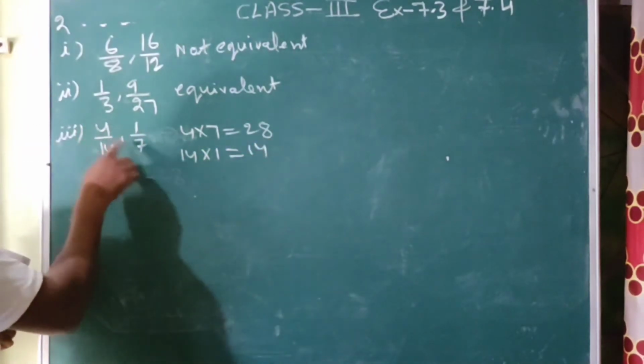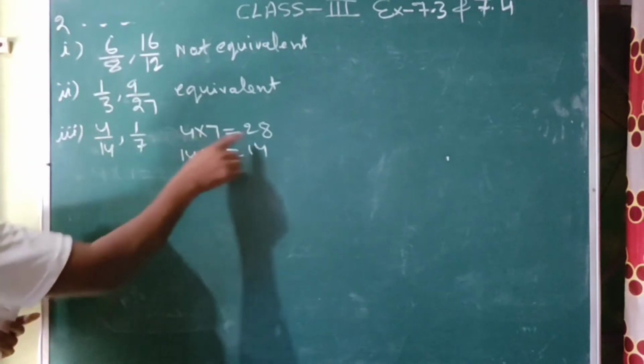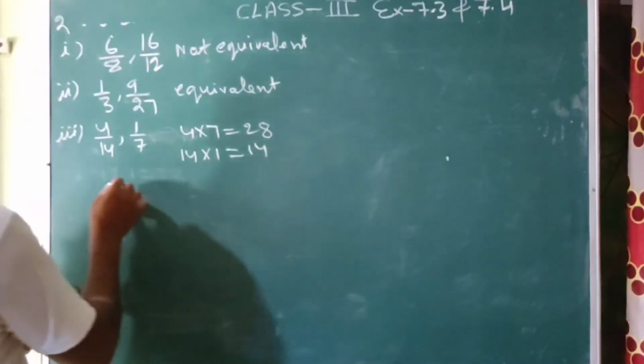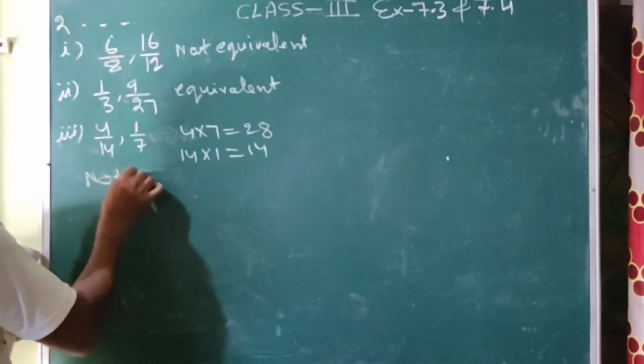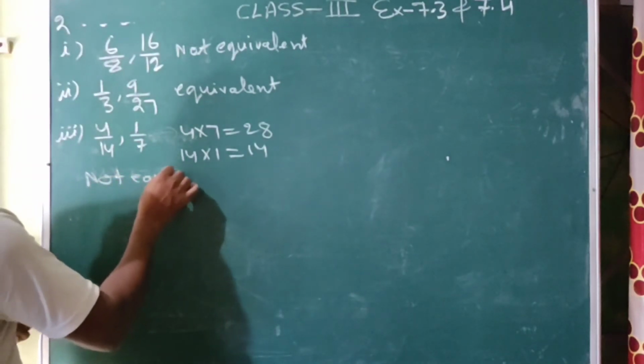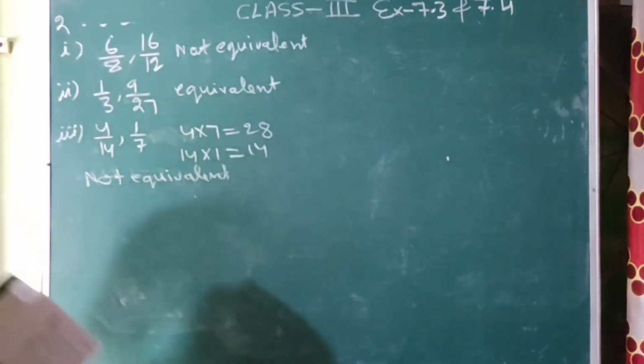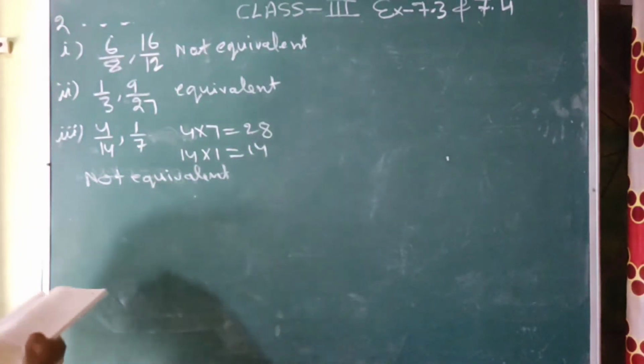That means we will multiply these two: 4 7 ja 28, 14 1 ja 14. Both are not the same, so not equivalent. If both are the same, then that will be equivalent.